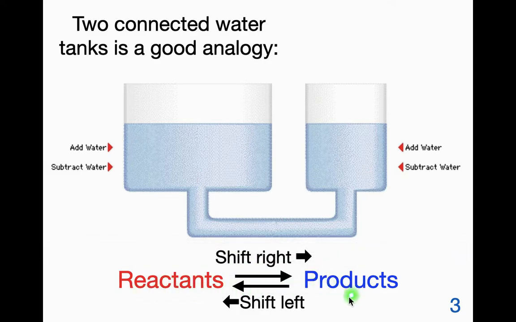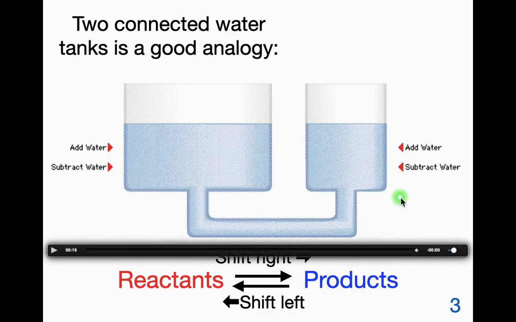The reaction would shift to the left. So another way of thinking of Le Chatelier's principle is whatever you do to the system, it will do the opposite. I added more water on the right, so we're going to make more water on the left. If I added more water on the left, I'll make more water on the right.